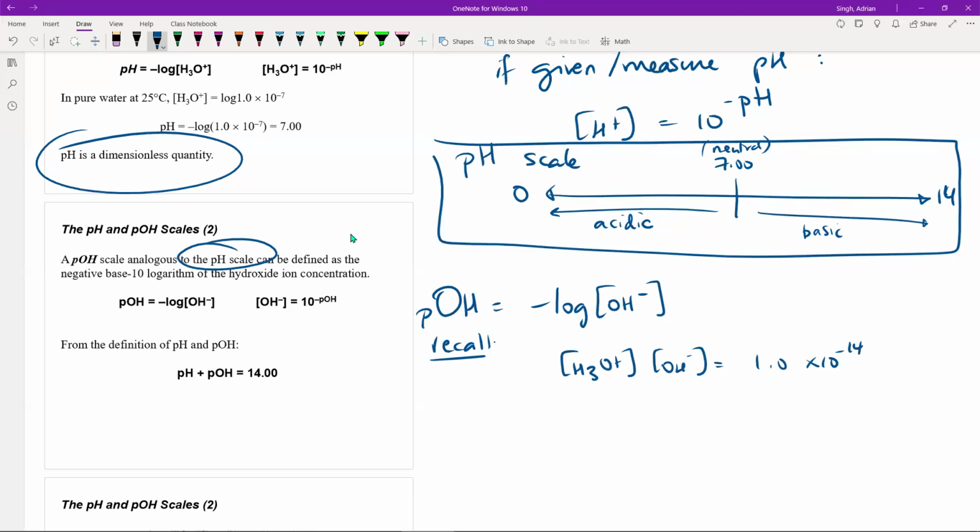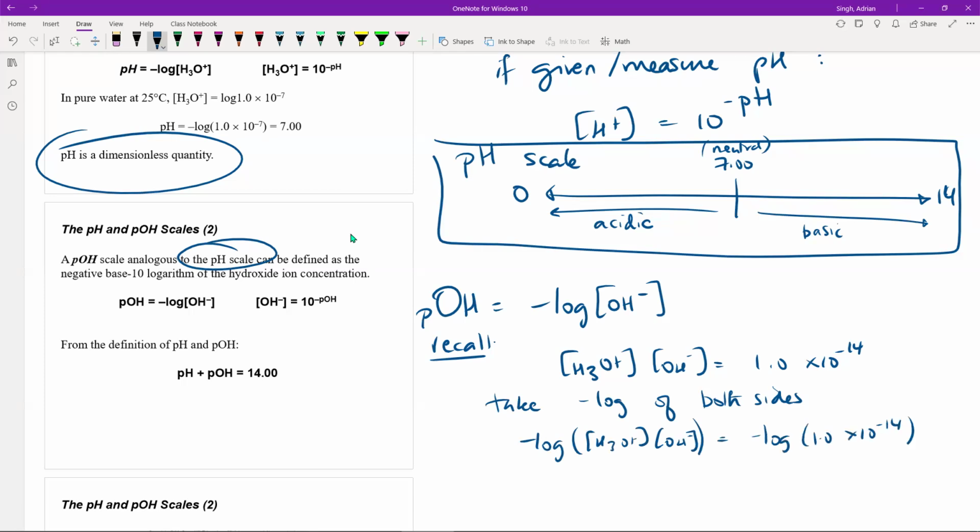If we take the negative logs of both sides of this equation, okay, we have the negative log of this whole thing on the left, H3O plus times OH minus, and that's equal to the negative log of 1.0 times 10 to the negative 14. If you take the negative log of this, you end up with 14.